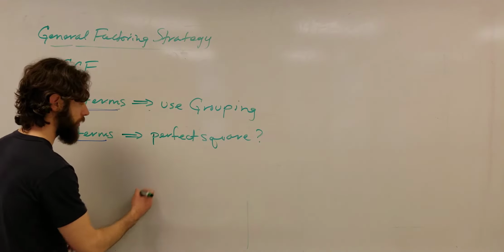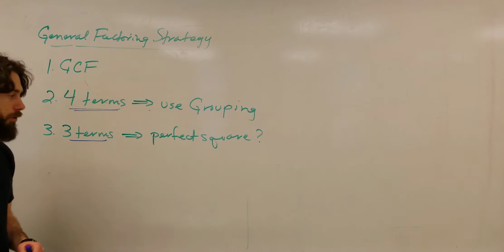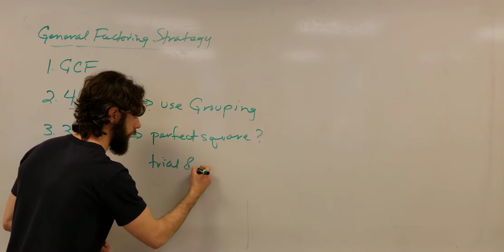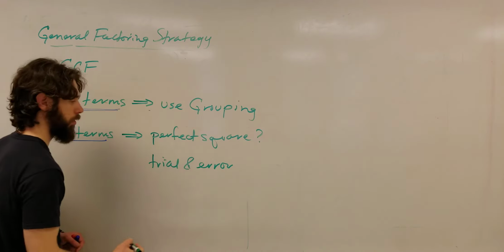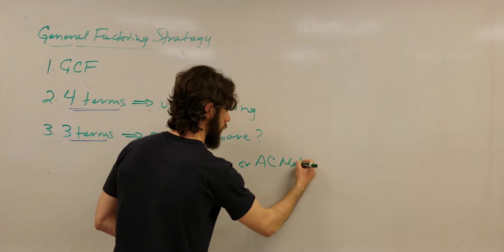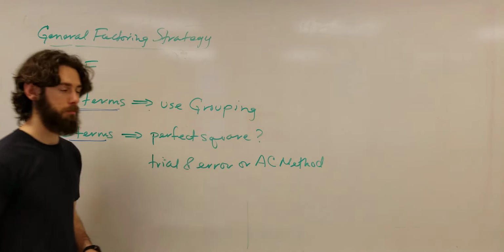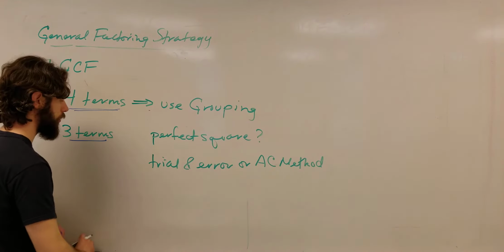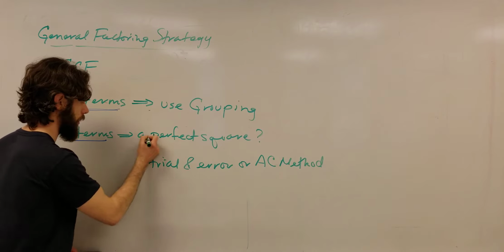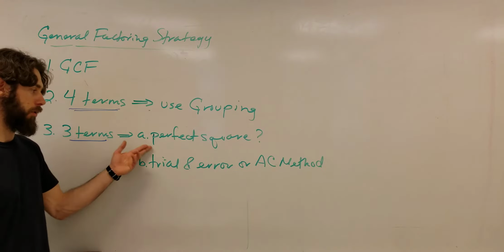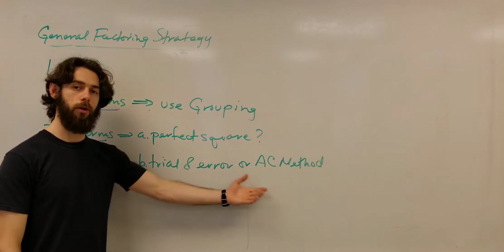The other option is maybe we use trial and error or the AC method. So maybe these are 2 different scenarios we can get. But if it's 3 terms, it's going to be one of those 2. It's either use a formula or go to the AC method.